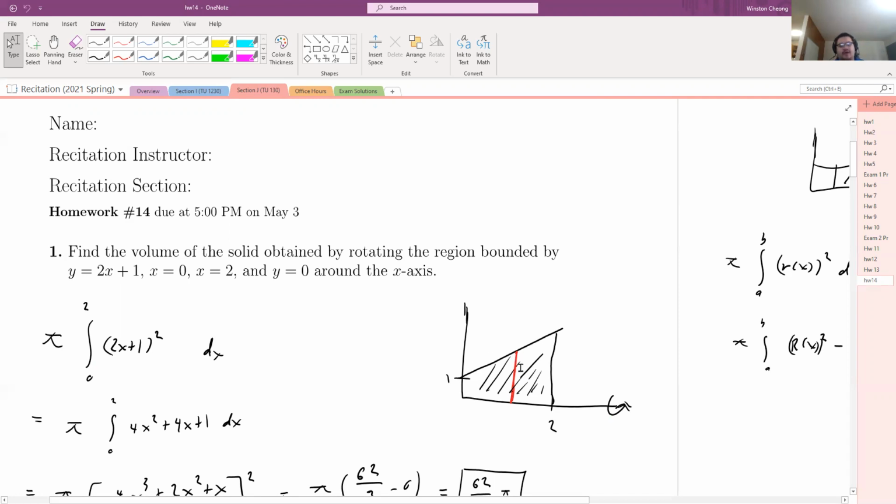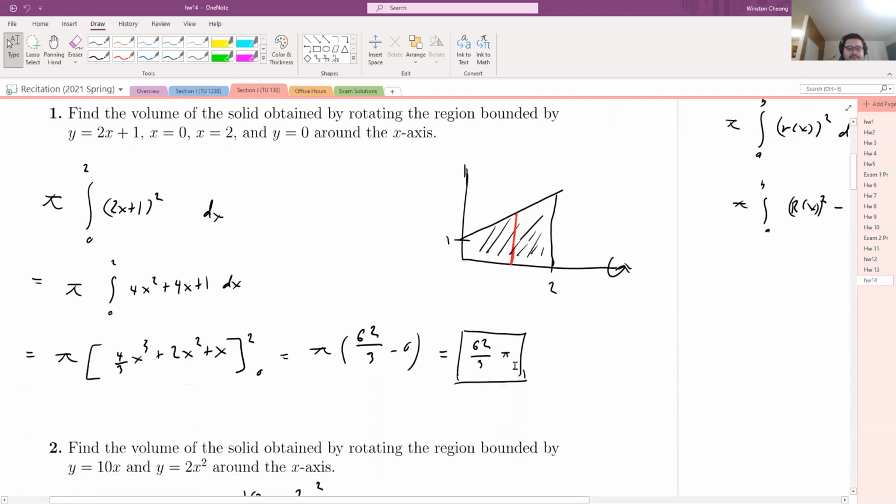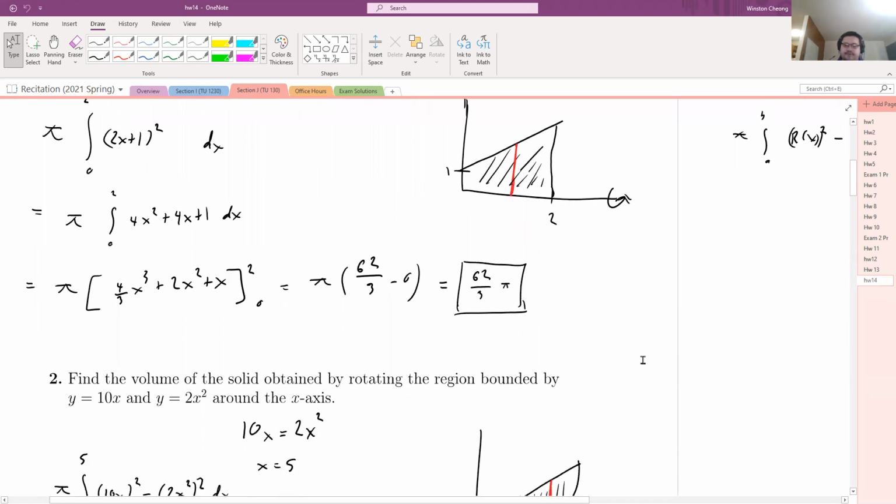So you'd have to calculate two separate integrals to get that volume if we forced ourselves to use shell method for this problem, which is possible. You could do it. It's just a little bit more work.